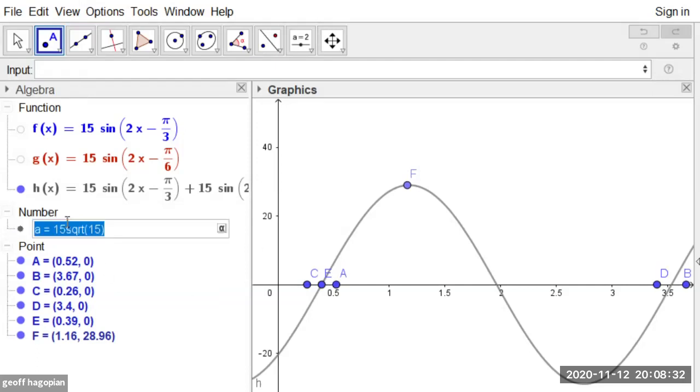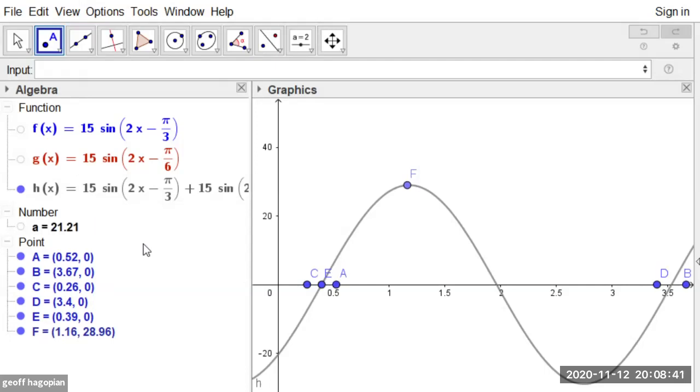So it should be square root of 2 over 2. That's 21. That's too small.